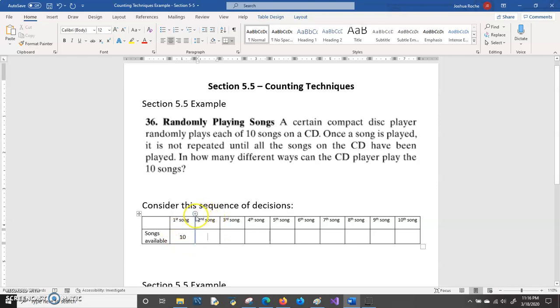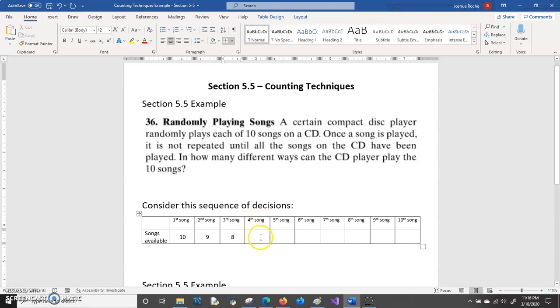Then when it moves on to the second song, it only has 9 songs to choose from because it's already played one song and it can't repeat that song. Then it goes on to its third song, and by then there are 8 songs left that it hasn't played yet, so 8 songs to choose from.